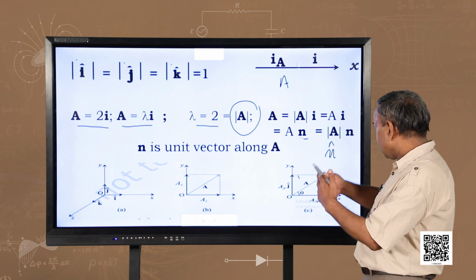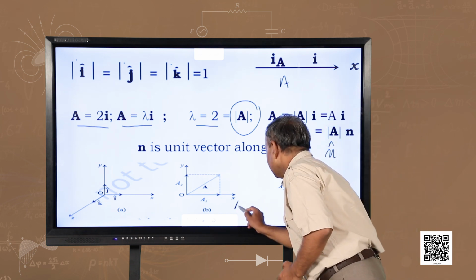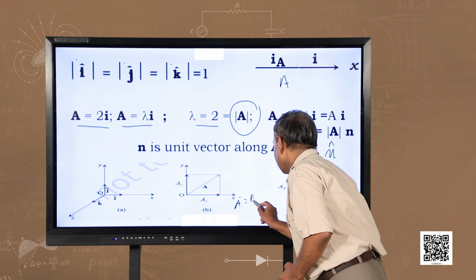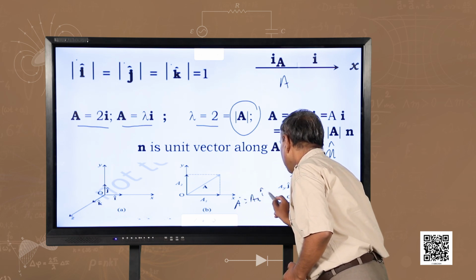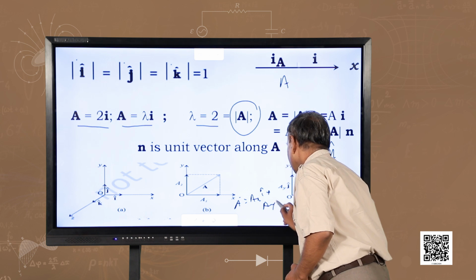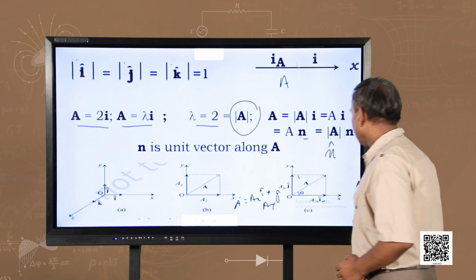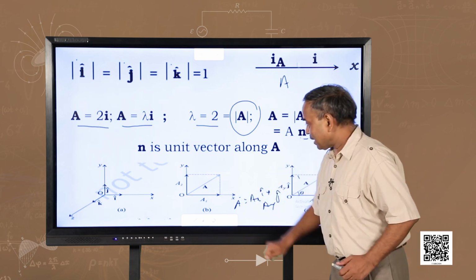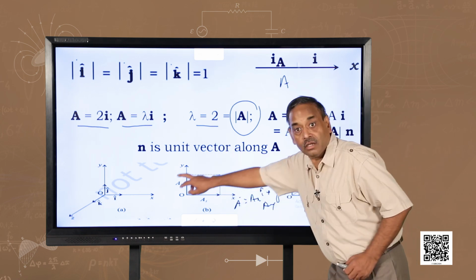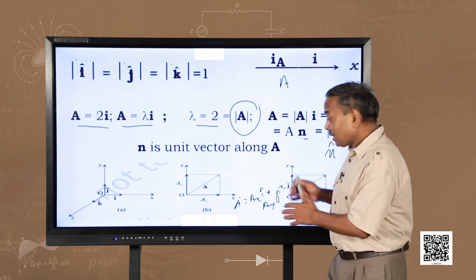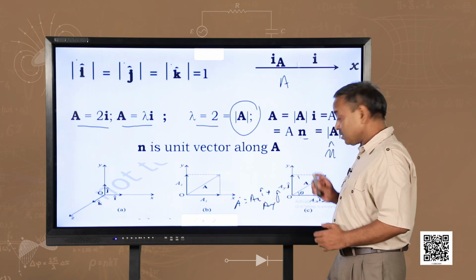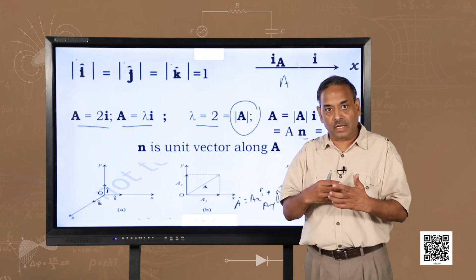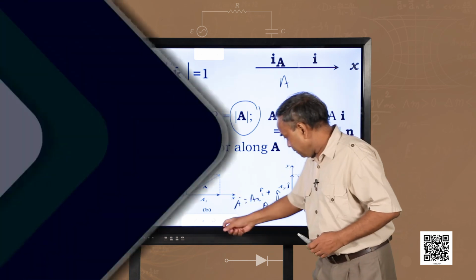As a result I can write vector A as Ax i plus Ay j. Now, I have been able to resolve this vector A along the x axis and along the y axis. Similarly, the angle between these two is theta. Now, how to find out these values? I will do it in the next slide.